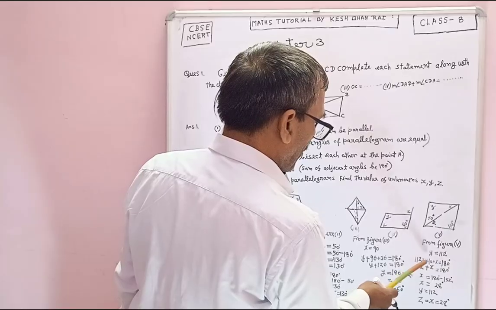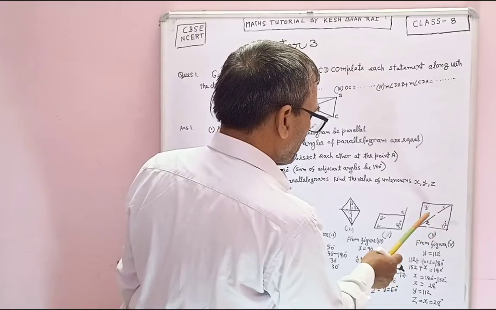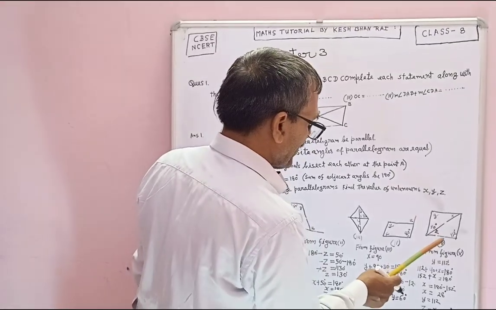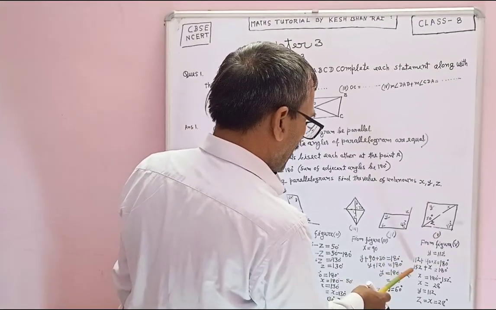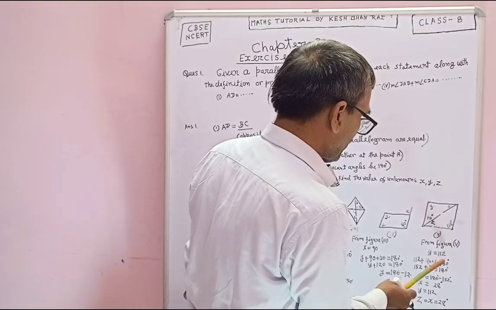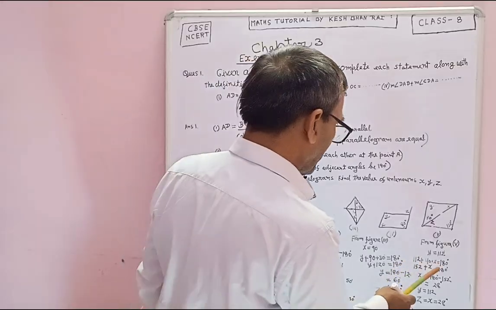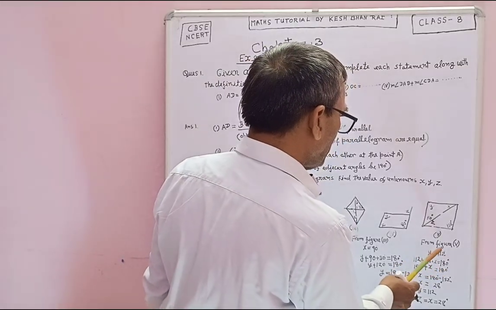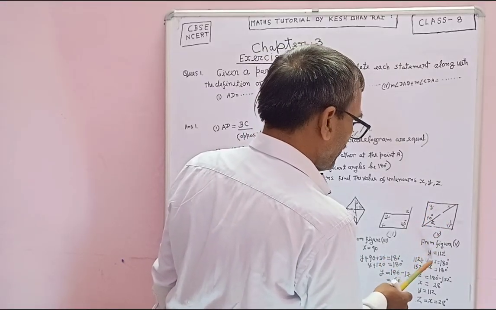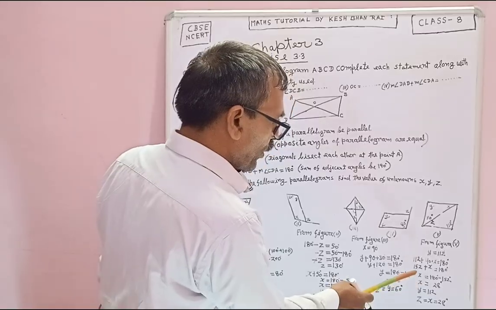Therefore y plus 40 plus x is equal to 180, so 152 plus x is equal to 180, then x is equal to 28.